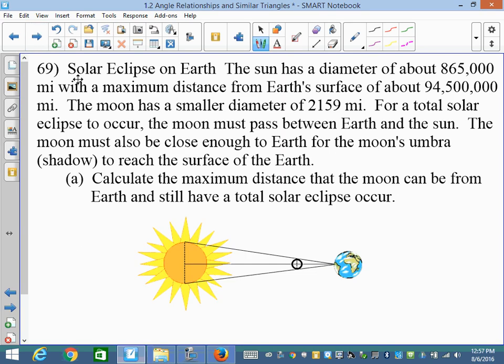Okay, solar eclipse on Earth. The sun has a diameter of 865,000 miles. We're in miles. With a maximum distance from Earth's surface at 94,500,000 miles. The moon has a much smaller diameter of 2,159 miles. By the way, there's the moon. See, there's the moon.